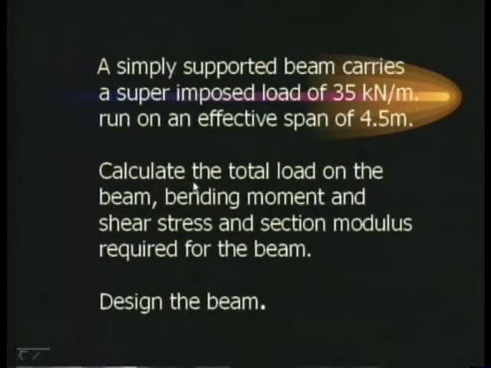Now calculate the total load on the beam, bending moment and shear stress, followed by the section modulus required for the beam. So you are required to calculate the total load, bending moment, shear force and the corresponding shear stress and the section modulus required for the beam.